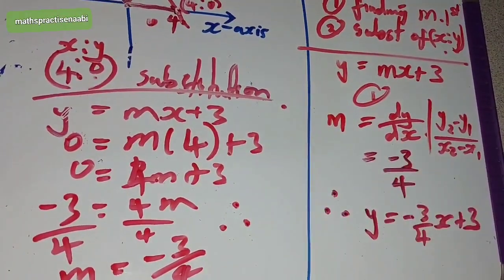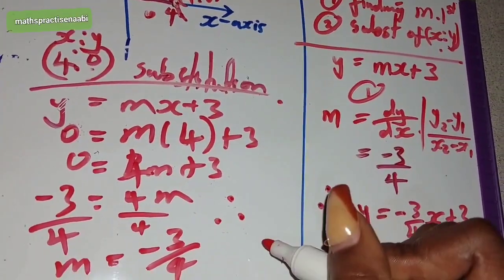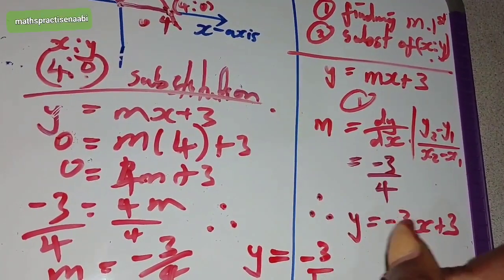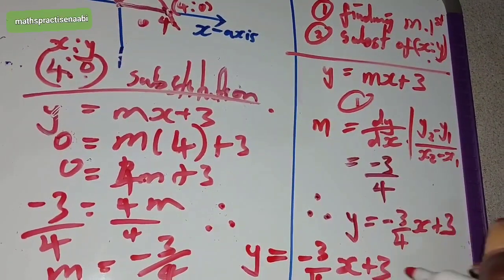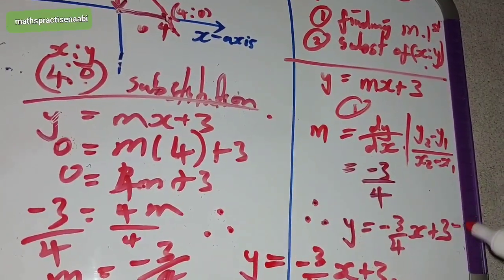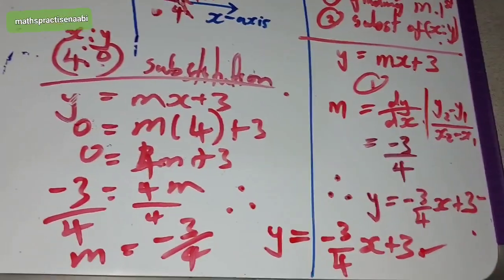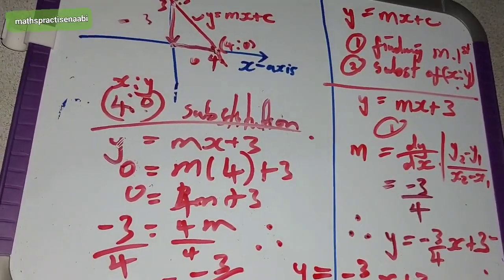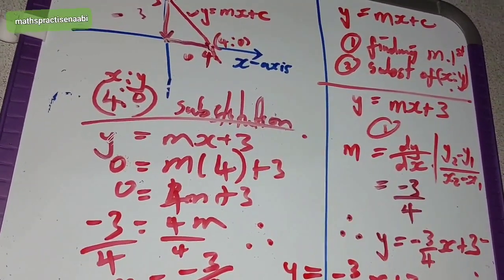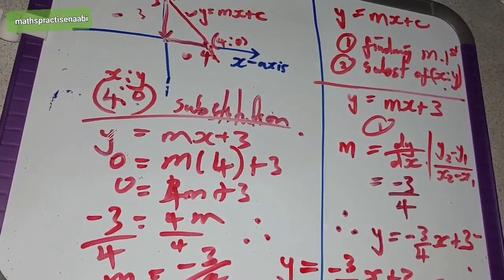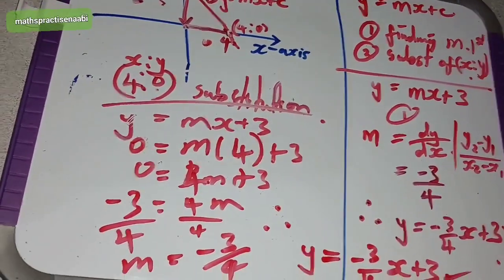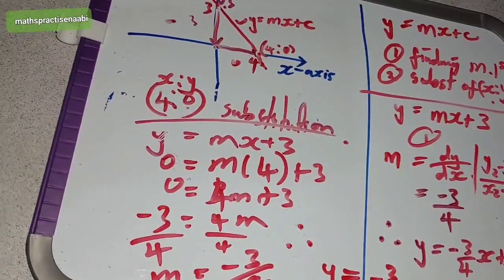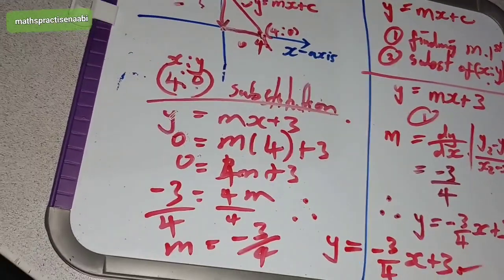So therefore, our line now becomes y is equal to minus 3 over 4 x plus 3, which is just the same as the previous one that you got. So that's basically how you find the equation of a line. You simply have to find the constants, because the coordinates, the y and the x, they vary. So for the equation of a line, you have to find the gradient and the value of c.